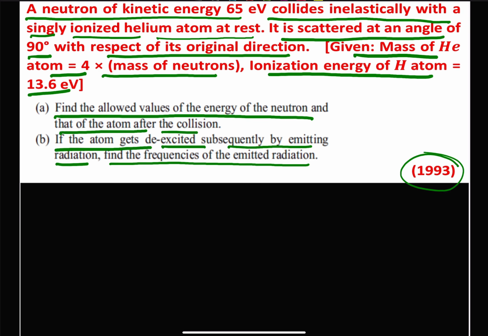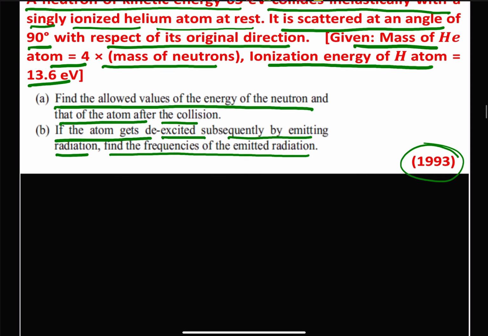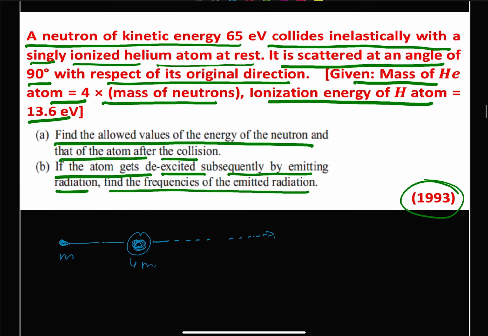So here we are having a collision, which is an inelastic collision, and initially the helium atom is at rest and a neutron is moving. Okay, so we can just draw an approximate figure for that. Suppose a neutron of mass m and a helium whose mass is 4 times m. So this is the initial direction, and then it states that they collide inelastically.